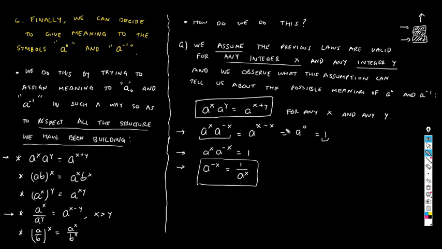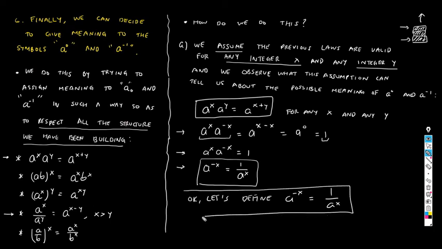And what we can do is just say, okay, let's define a to the minus x as 1 over a to the x. Because if I make this definition, then this definition will be in accordance with all of the previous structure.